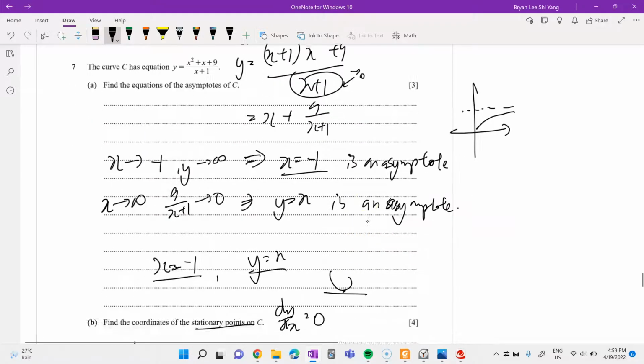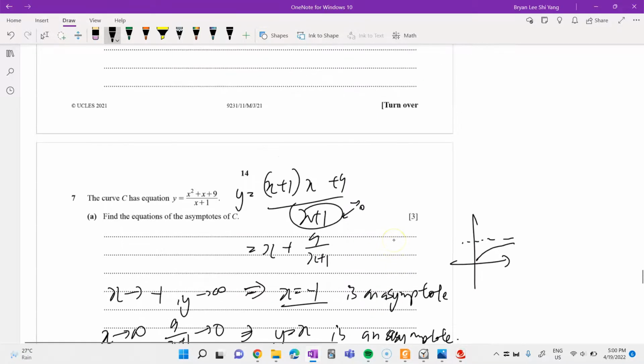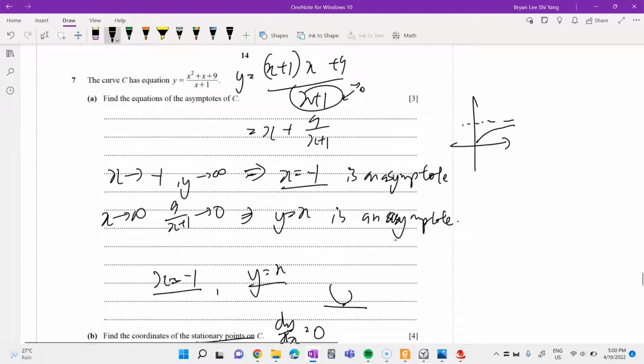Actually, let me do it another way. We have y equals x plus 9 times x plus 1 to the power of -1. Okay, this would be easier to differentiate.